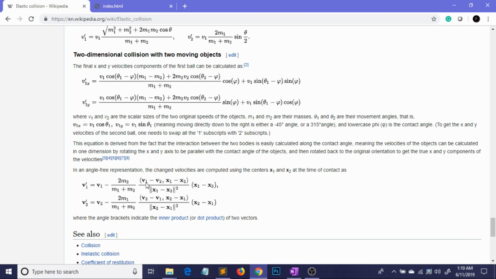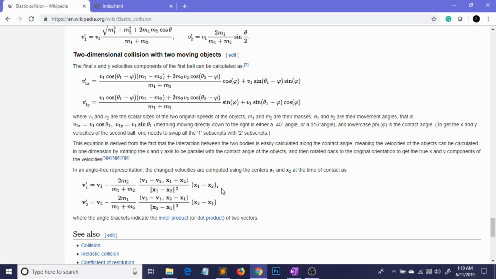So we have a vector corresponding to the velocity of the first ball, which is denoted as v1, and v2 denotes the velocity vector corresponding to the second one, and x1 and x2 just denote the position vectors of the balls. So by knowing this vector notation, we are going to code our system, and it's gonna be real fun.